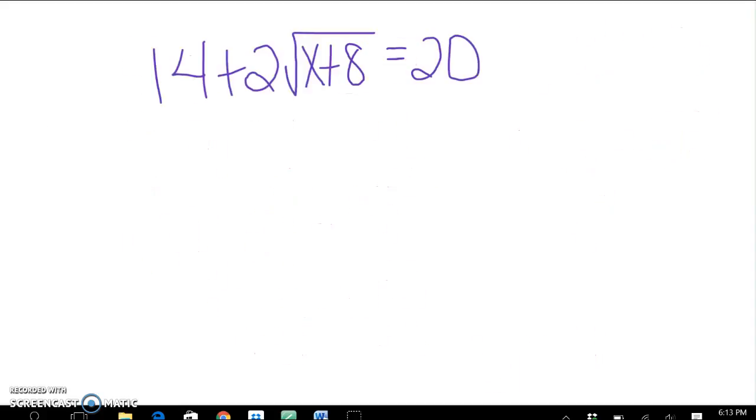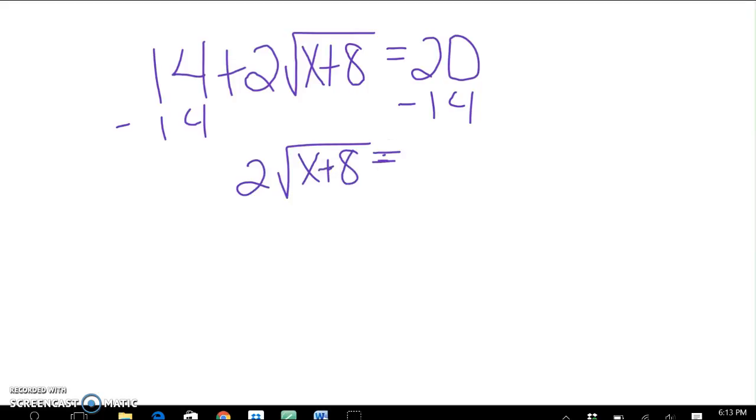Try your next example. Pause it if you want to, and then come back. So we should first subtract 14. So we're left with 2 times radical x plus 8 equals 20 minus 14 is 6. Next step, divide by 2.